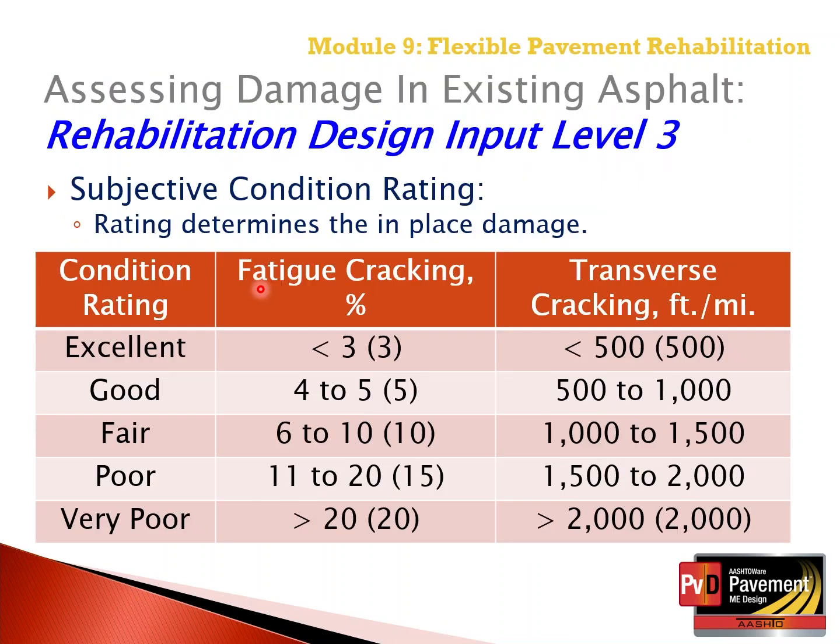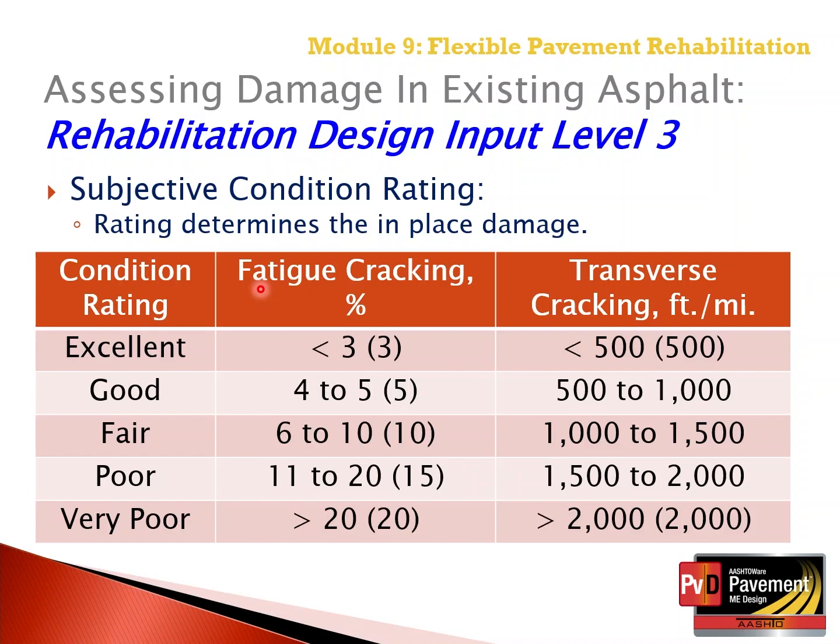Rehab input level 3 is based on subjective condition ratings. It's generally suggested that input level 3 not be used other than for planning purposes, like preliminary designs of the rehabilitation strategy of flexible pavements.